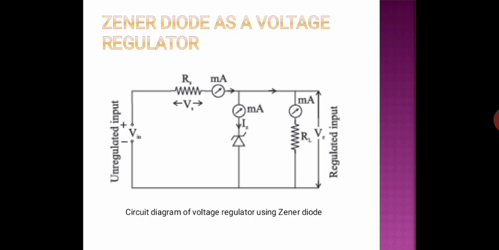As the load current I or supply voltage V changes, the diode current Iz adjusts itself at a constant Vz. The excess voltage V minus Vz appears across the series resistance R. Since the voltage across RL remains constant at Vz, the Zener diode acts as a voltage stabilizer or voltage regulator.